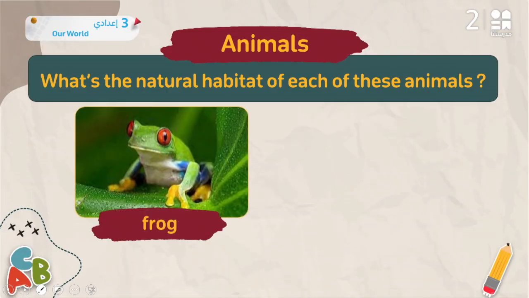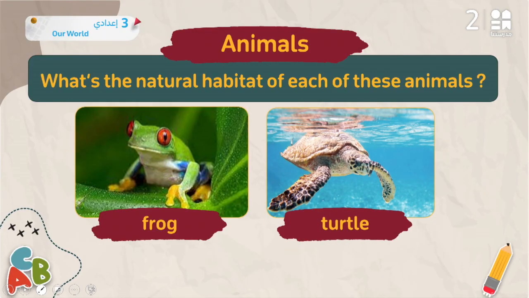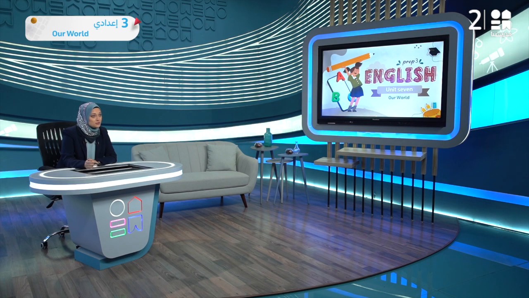How about this one? The frog. Where does a frog live? Of course it lives in اللي هي land and it has to be wet at the same time. يعني هو نوع من الحيوانات اللي بيعيش أو الكائنات اللي بتعيش في أرض رطبة، بقى wet land. And turtles, where do turtles live? Turtles اللي هي السحالف بتعيش فين؟ Of course in a coastal natural habitat اللي هي البيئة الساحلية.